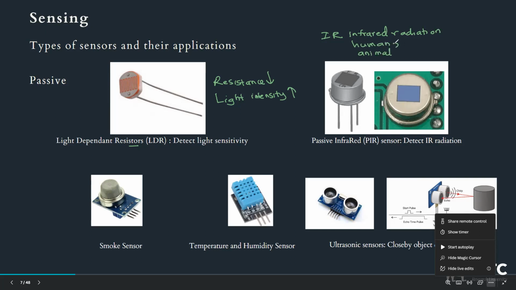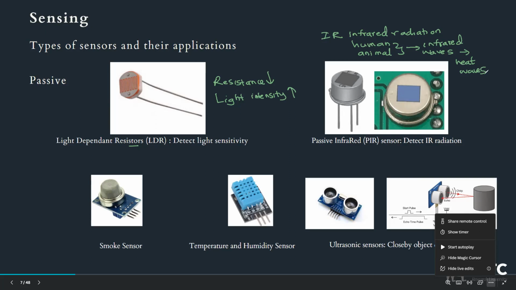So the humans, animals, they emit infrared waves. The infrared waves are actually heat waves, and these heat waves are able to activate this PIR sensor.